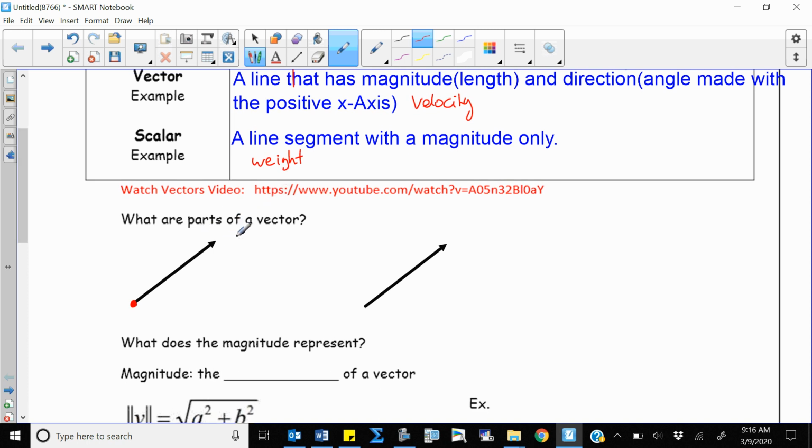What are the parts of a vector? We can find parts of a vector from different points of view. If I have a vector here, the point that the vector is starting from is called the initial point. The point that the vector is ending is called the terminal point.